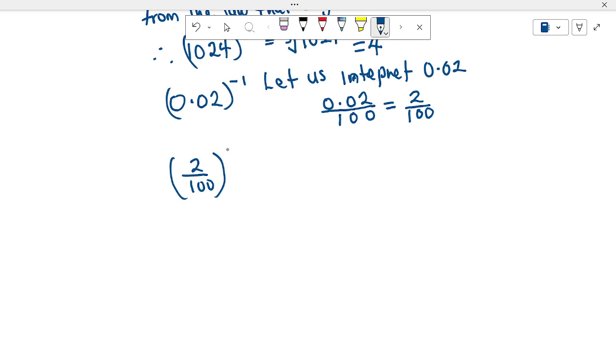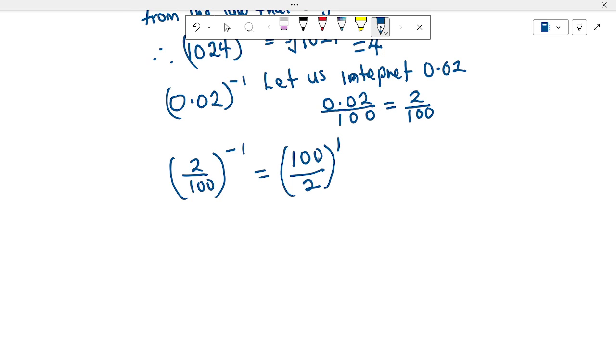raised to power minus 1. Do you want to tell me what this is? What does this negative sign up here represent? It somersaults this, leaving you with what? 100 over 2 raised to power 1. If you got that, good, you're on the right track.